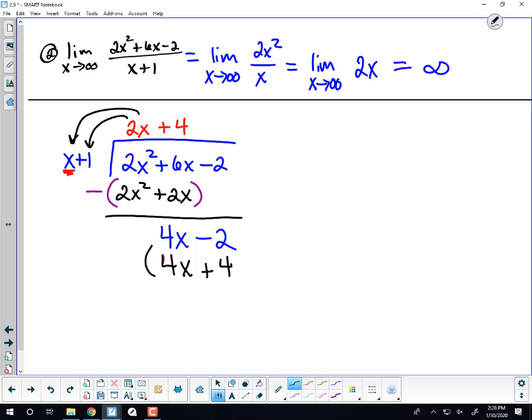And then subtract off that result. Really what we're after here is the remainder. We already have our linear quotient. So just to finish it, we'll go ahead and determine the remainder. So we've got a -2 minus 4, which is -6.